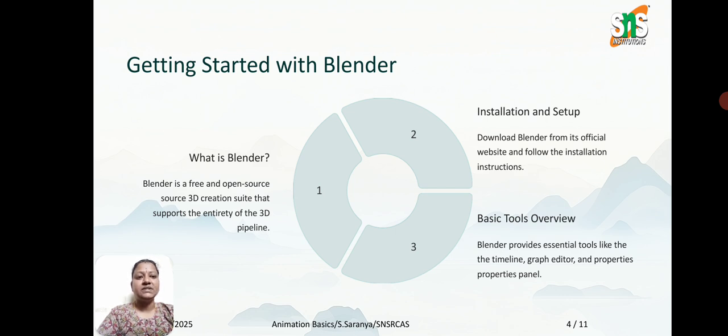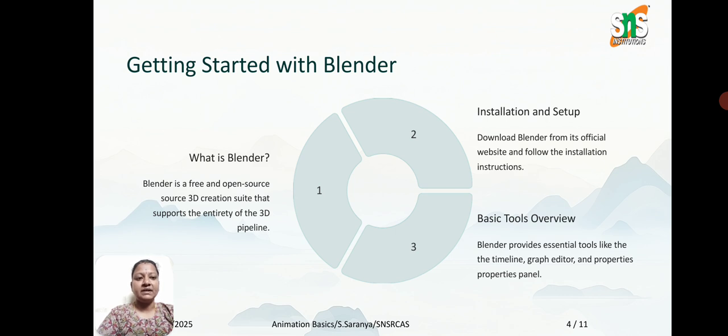The basic tools overview. Blender provides essential tools like the timeline, graph editor and properties panel. Using the timeline, we can set the time by keyframe, frame by frame according to the video, and use that for developing the animation.